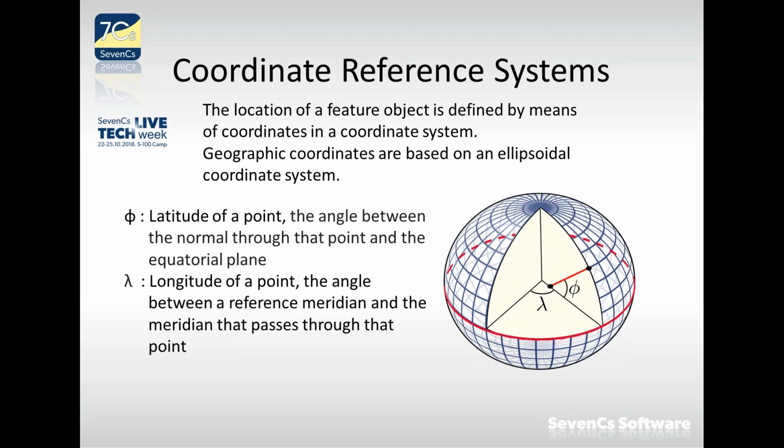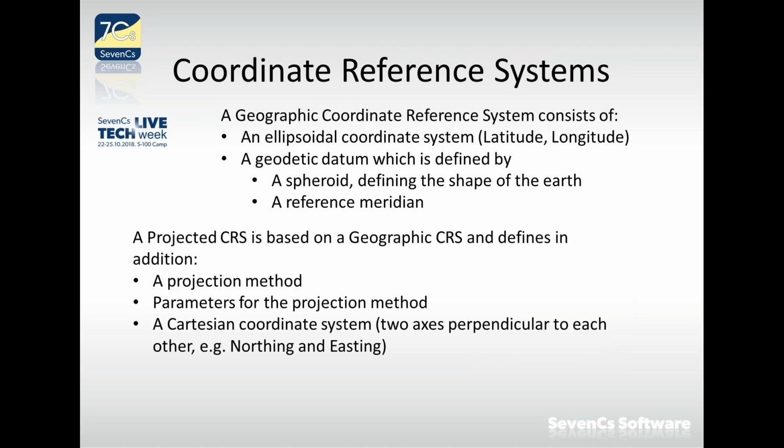It goes somewhere in the equatorial plane, but this line is perpendicular to the surface of the ellipsoid. And then we have the longitude, which is the angle between a reference meridian, usually the Greenwich meridian, but other things are possible, and the meridian which passes through that point. So this is the well-known coordinate system we will use.